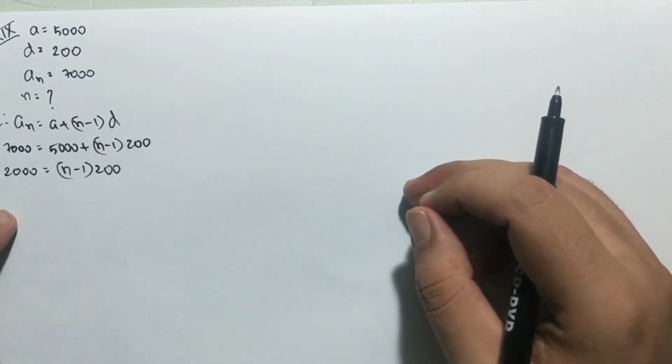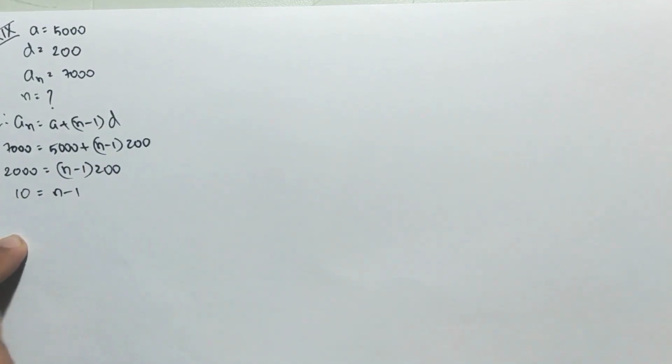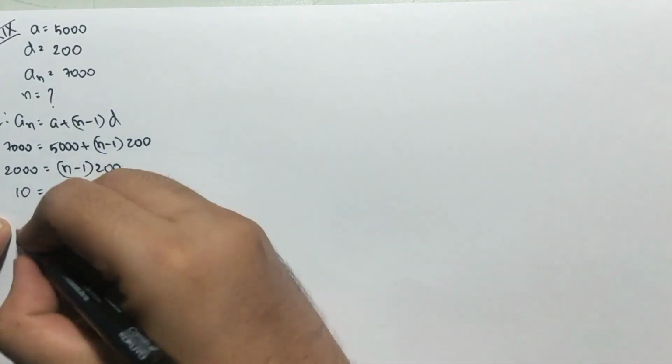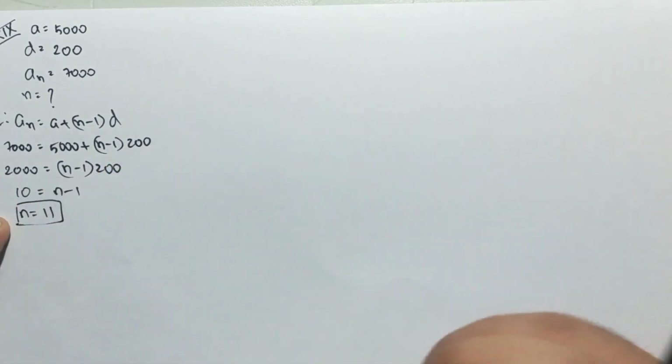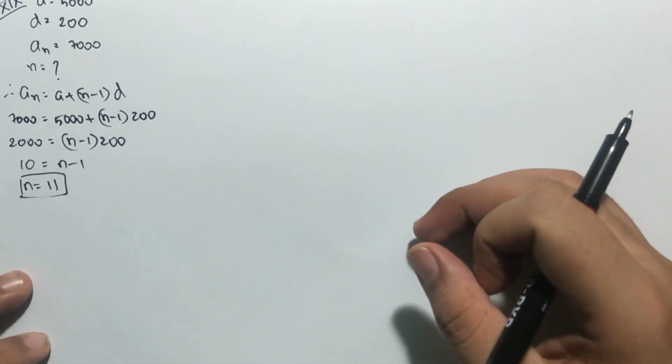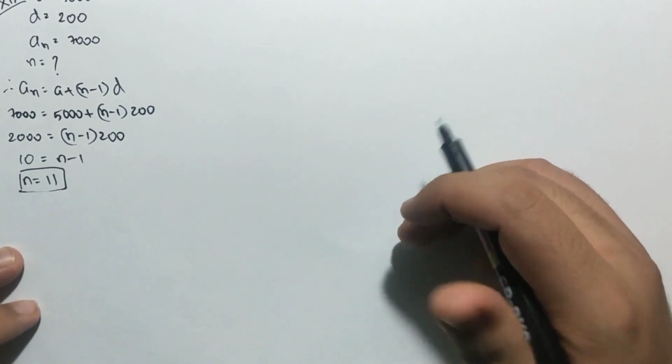This 200 will go on the left hand side and get divided. 2000 divided by 200 is 10 equals n minus 1. This 1 will go on that side and get added. So n will be equal to 11. So after 11 hard working years, he got a salary of 7,000 rupees yearly.